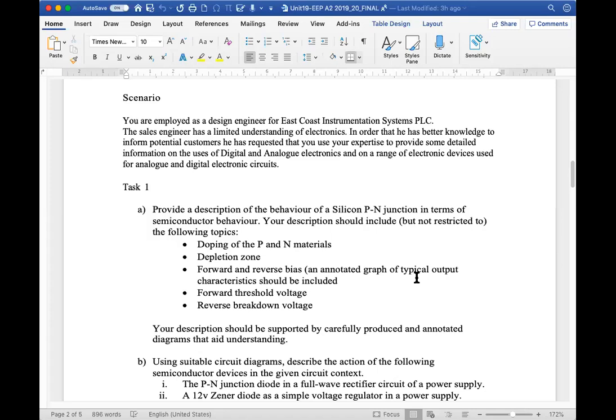Task C is not pass, and nor is task 1C is not a pass, and task 1D is not a pass either. Okay?